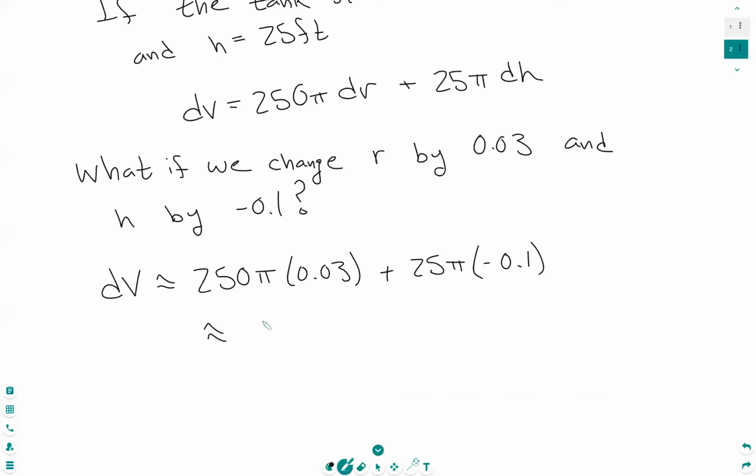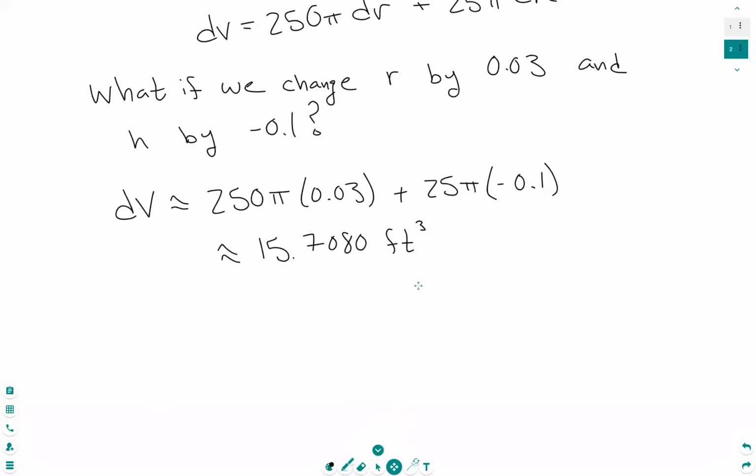This comes out to around 15.7080 feet cubed. So even though I subtracted some height and added a very small amount to the radius, I still actually gained volume.